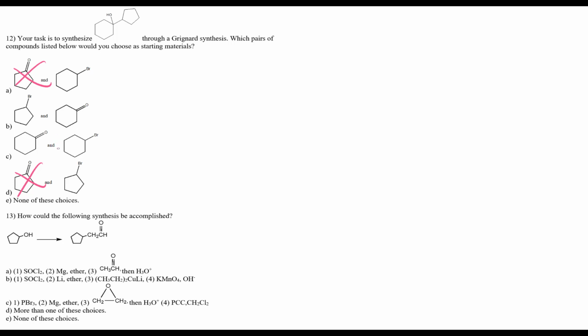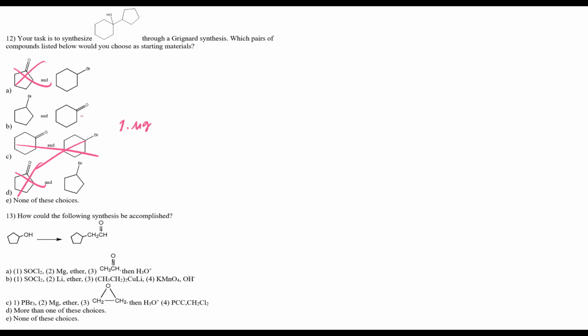Let's try C. If I add magnesium in my first step, I could just get magnesium bromide on this cyclohexane. And actually, this is wrong. Why? How am I going to get my cyclopentane? I have 2 cyclohexanes. That doesn't make any sense to me. So that's wrong too. Now it has to be B, or it could be E.